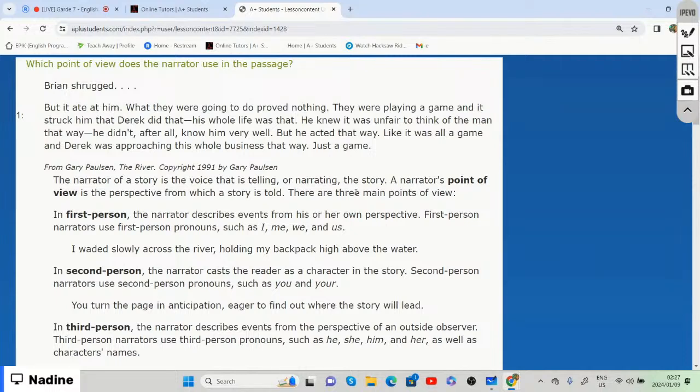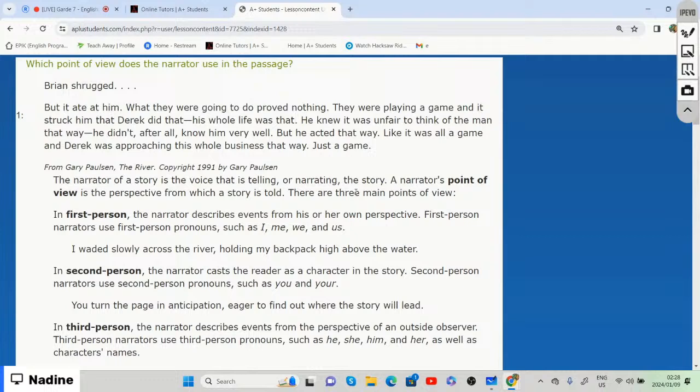If we look at the specific pronouns being used, remember, in third person the pronouns are he, she, him, and her, or the characters' names. In this case, a character's name is being used, for example Derek, but also it says, but it ate at him.